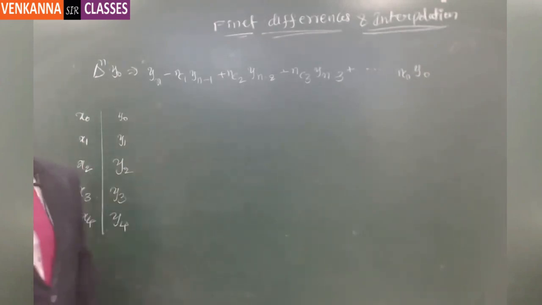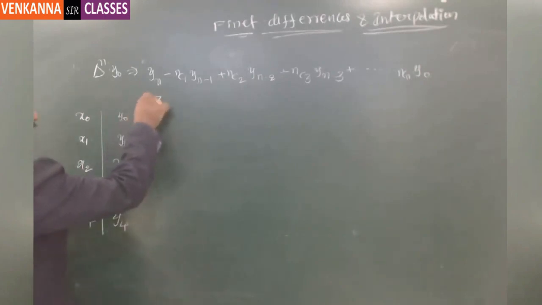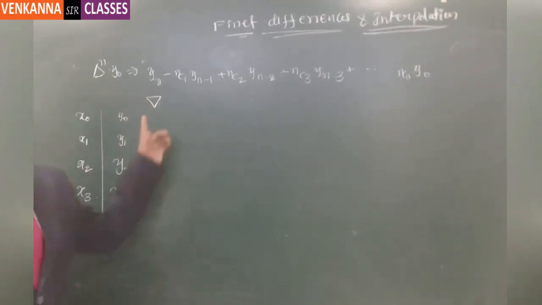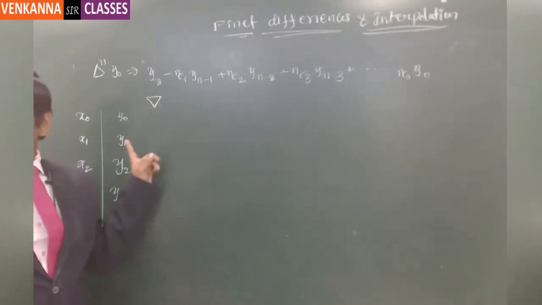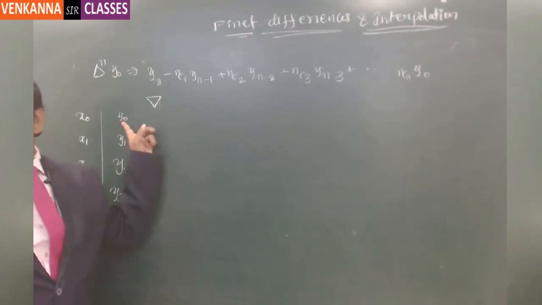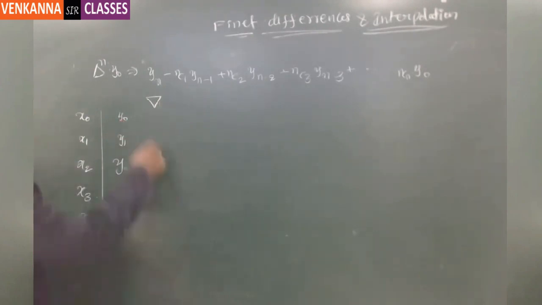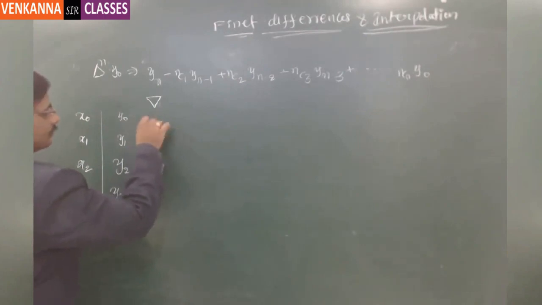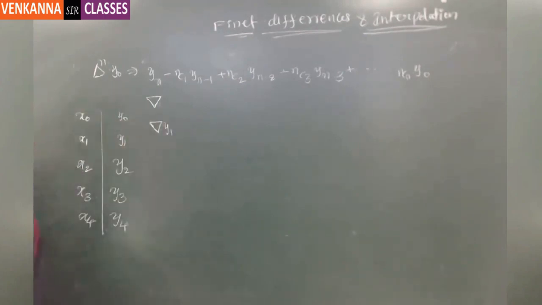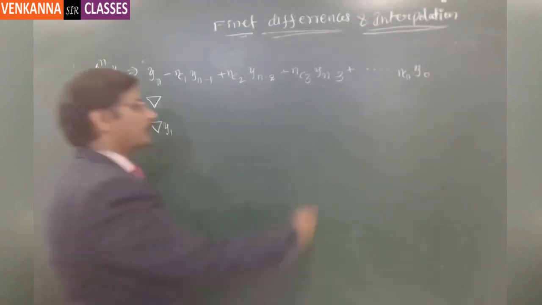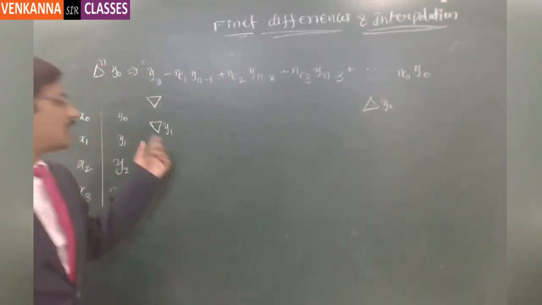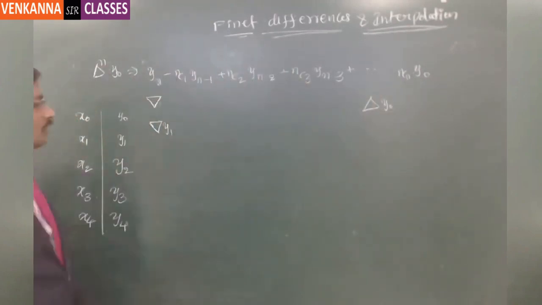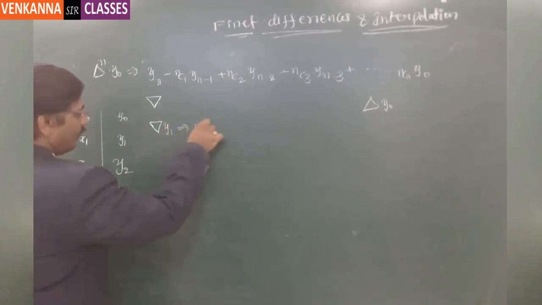If I want to define a reverse operator, that is the backward difference operator, it is operated on the next value than this value. That means here del y1 is how you are going to express it, rather than del y0. Earlier we expressed the forward difference as del y0, but here it starts with y1 and the value is going to be one and the same, y1 minus y0.